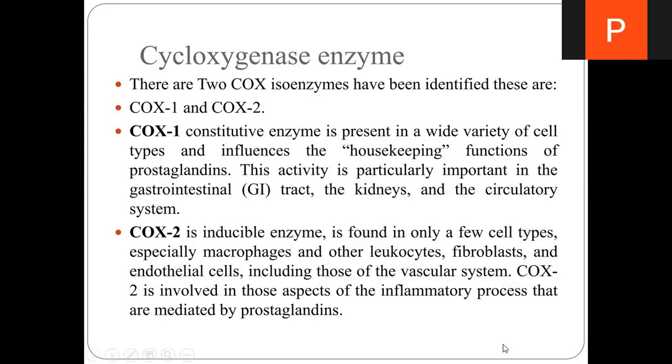Next, coming to COX2. COX2, cyclooxygenase 2, is an inducible enzyme. It is found only in a few cell types, especially macrophages and other leukocytes, fibroblasts, and endothelial cells, including those of the vascular system. COX2 is involved in those aspects of the inflammatory process that are mediated by prostaglandins.